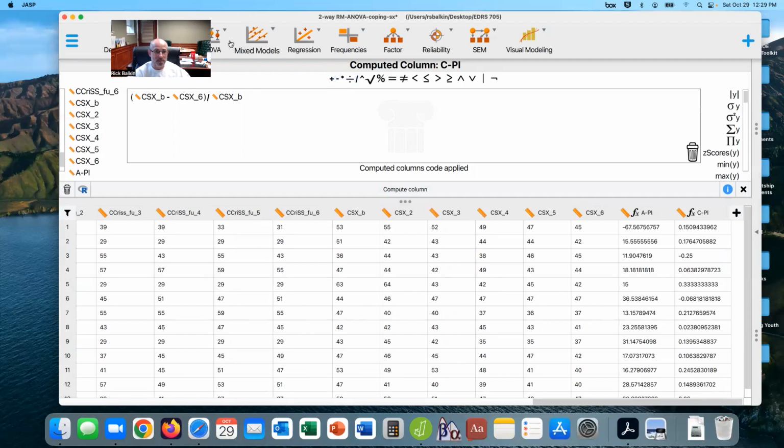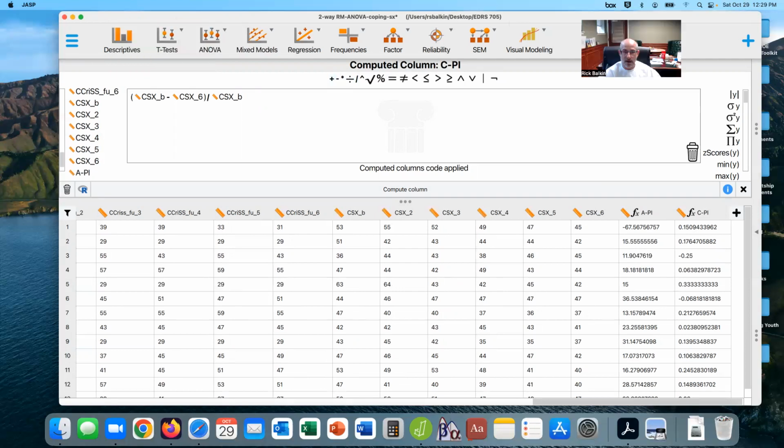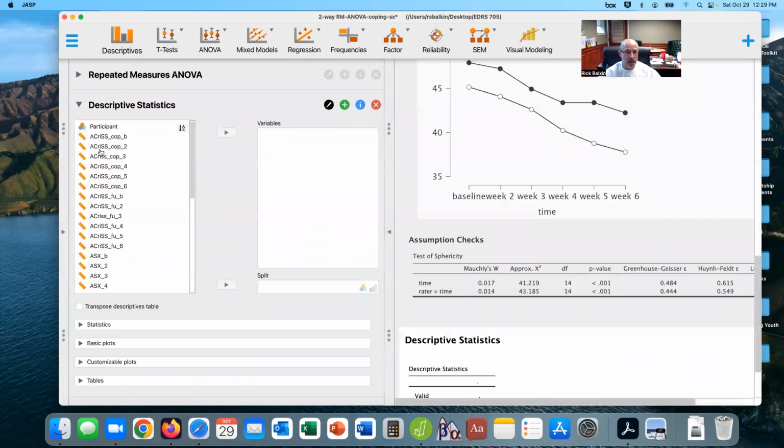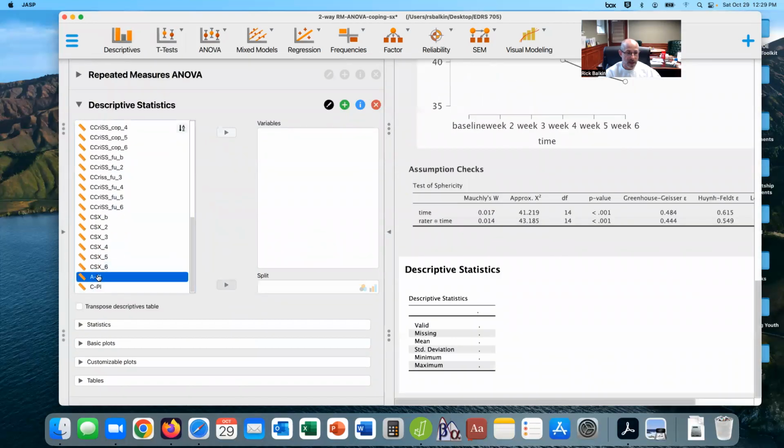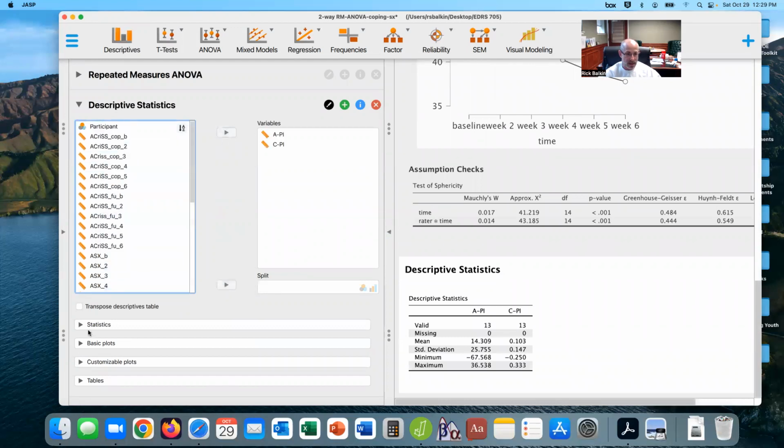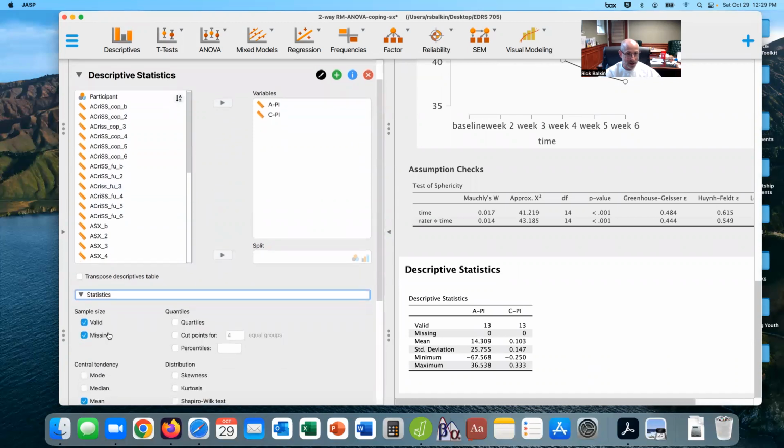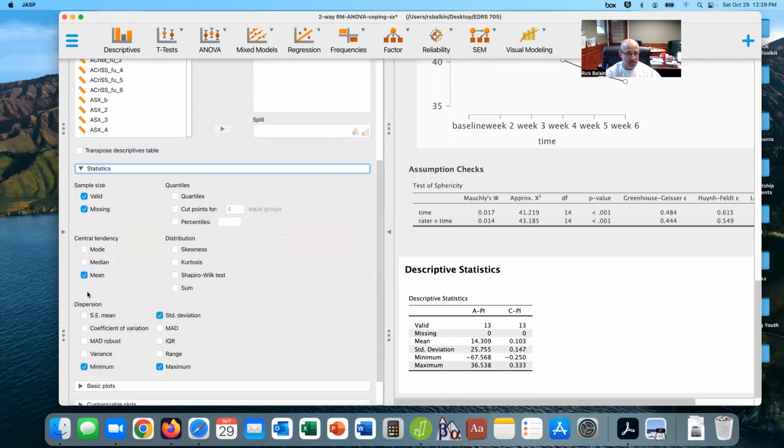And so we can look at even some descriptives of these two variables, the adolescent and the clinician percent improvement. And we could ask for like minimum, maximum values, mean and standard deviation. We could also ask for a coefficient of variation.